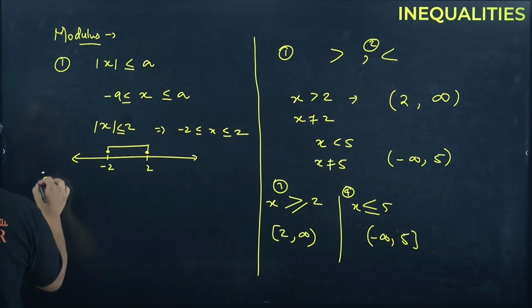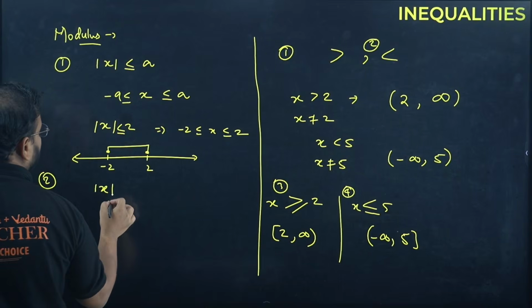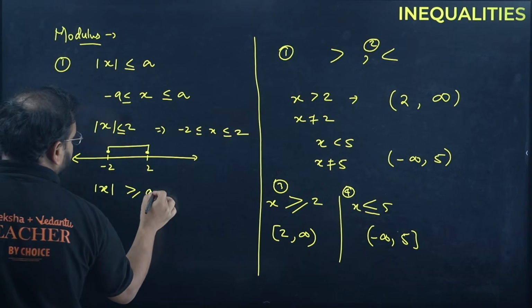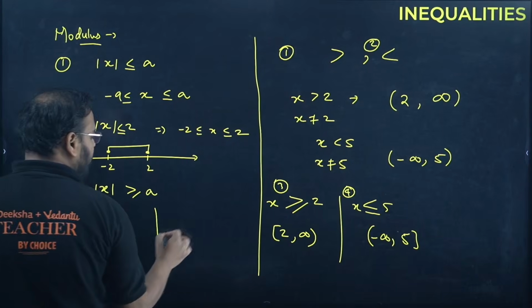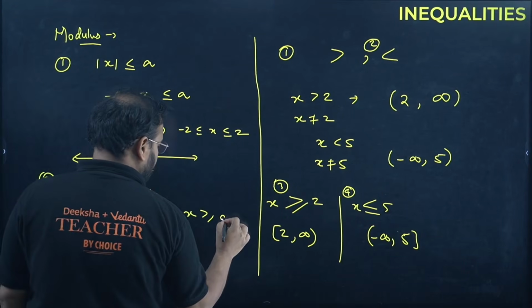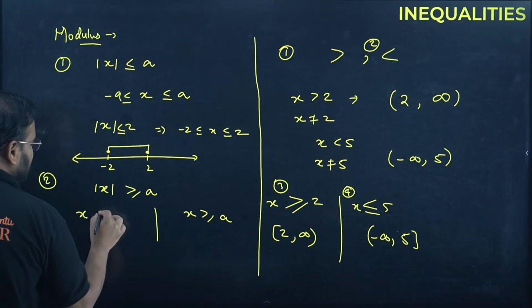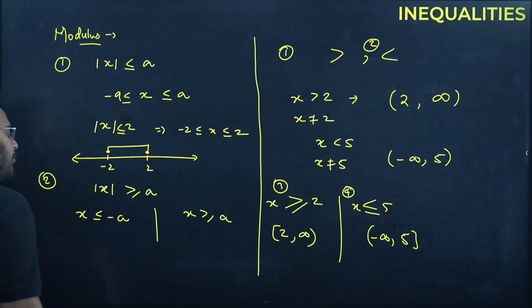Second one, very interesting one. If you have mod of x more than a, in that case, very interestingly, you have two cases: x more than a and x less than minus a. Of course, think about it.